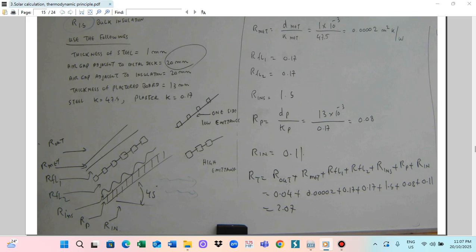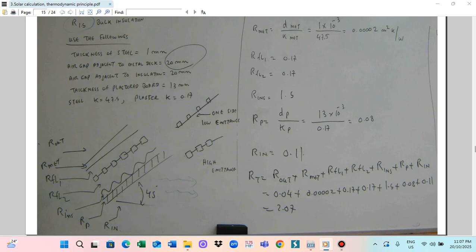The thickness of the plywood is 13 millimeter, 13 into 10 to the power minus 3, divided by KP, where K is 0.17. By this way you get the R plywood, which is 0.08.